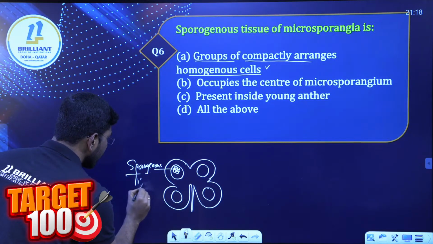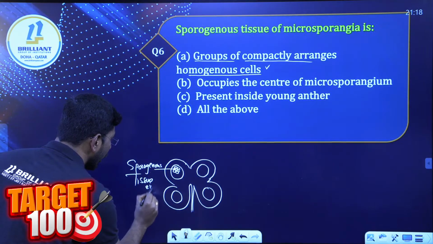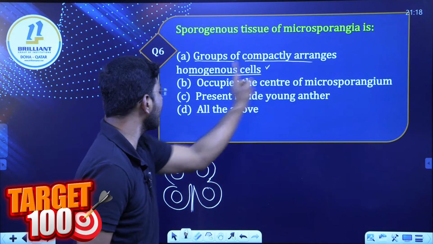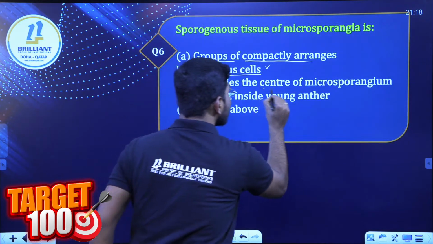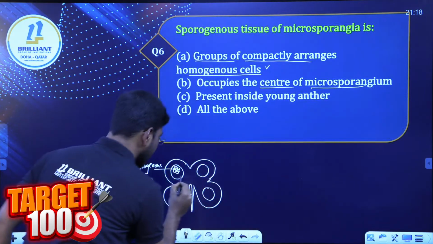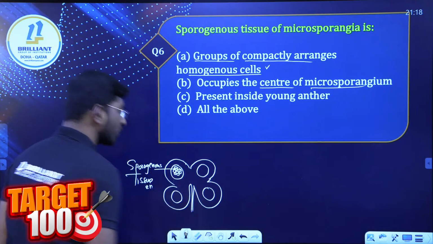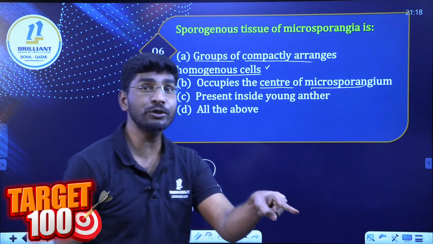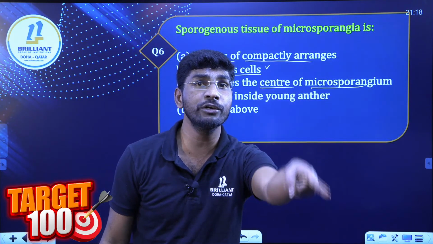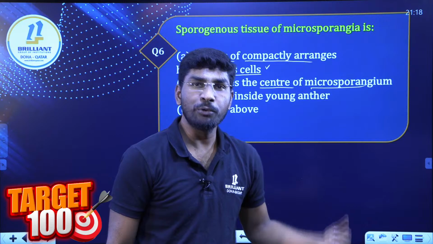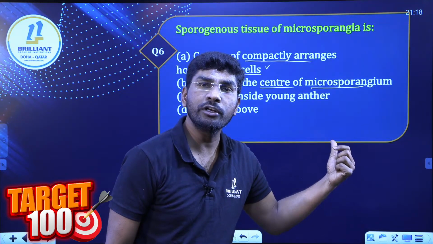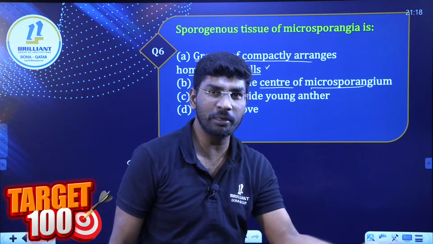This sporogenous tissue is diploid in nature, compactly arranged and occupies the center of the microsporangium. Look at here, the center of the microsporangium. This sporogenous tissue, in future what is it going to give? Future pollen grains. Sporogenous tissue undergoes maturation to form microspore mother cell.